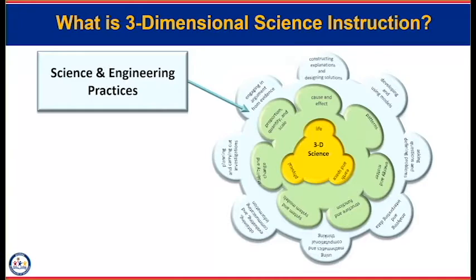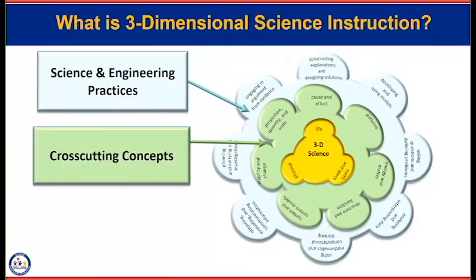It also includes the key set of engineering practices that engineers use as they design and build models and systems. The framework uses the term practices instead of a term like skills to emphasize that engaging in scientific investigation requires not only skill, but also knowledge that is specific to each of these practices. And there are 8 of these science and engineering practices.